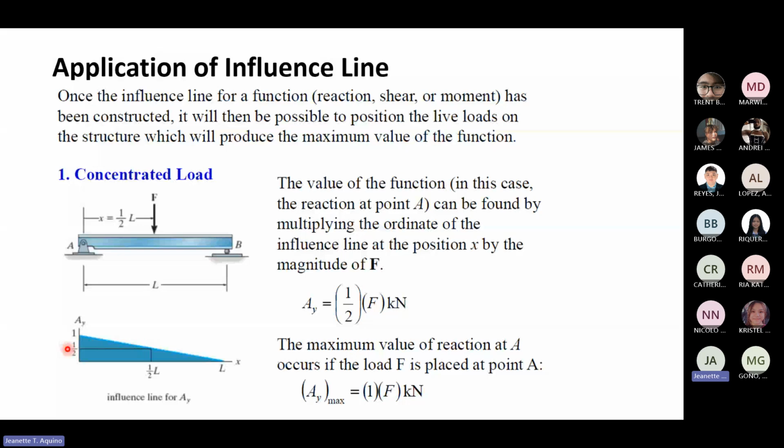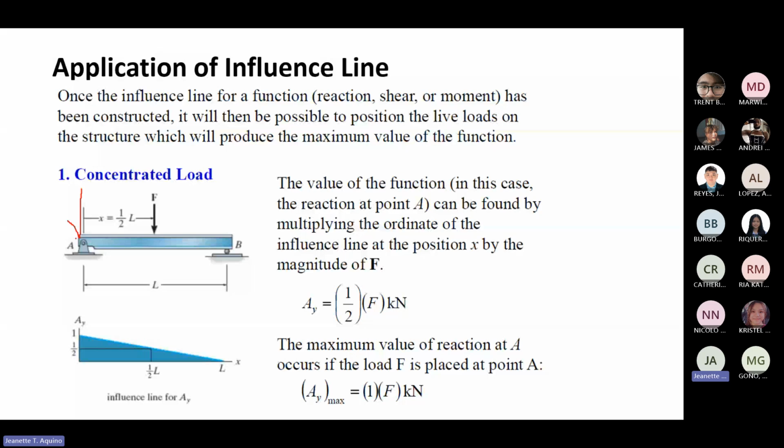So if you have F, and you already have the influence line, you would know the value of AY, the reaction at A, if we multiply by the magnitude of F. Okay, so the maximum value of reaction at A, of course, occurs if the load F is placed at point A. Meaning, if your moving load is at A, you will have a maximum reaction at A, right?